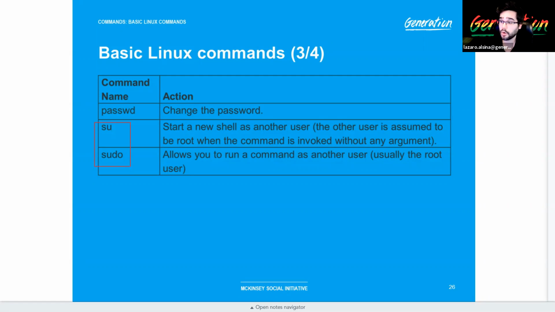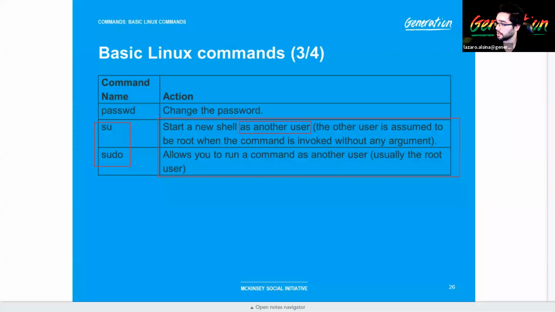And on the exam, they want you to know their definitions. So let's read these definitions. su, start a new shell as another user. Keyword, another user. The other user is assumed to be root when the command is invoked without any arguments.